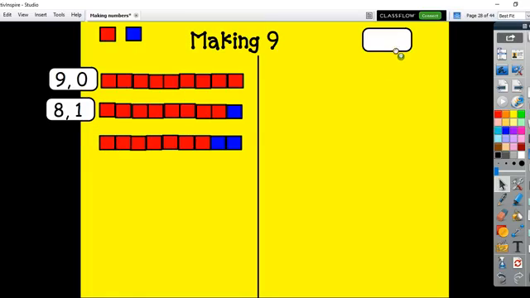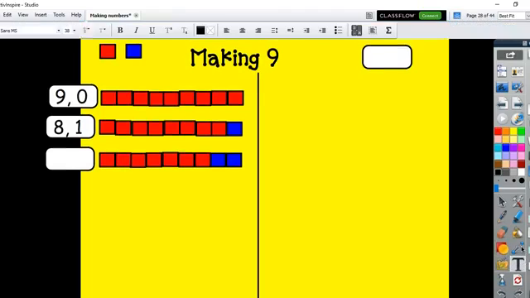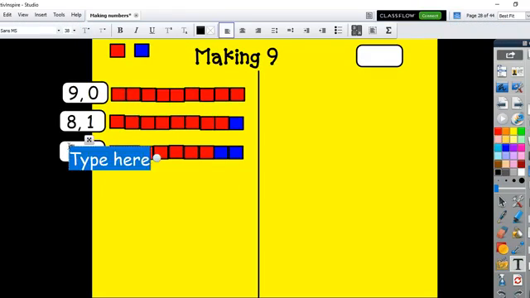So now I'm going to count just the red squares. I know I've got 2 blue. Let's count the red and see how many I have on that part. 1, 2, 3, 4, 5, 6, 7. So this time, my 2 parts from 9 will be 7 and 2 make 9.